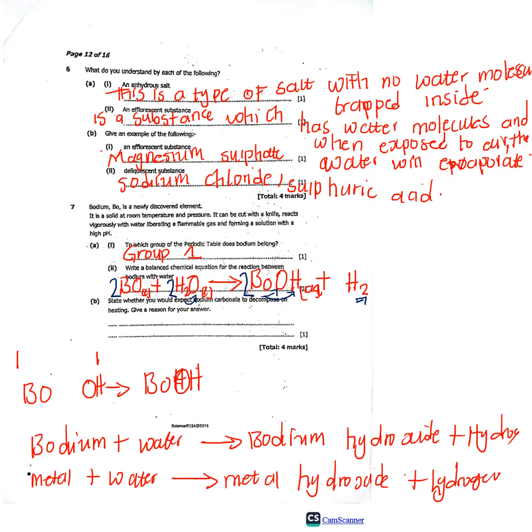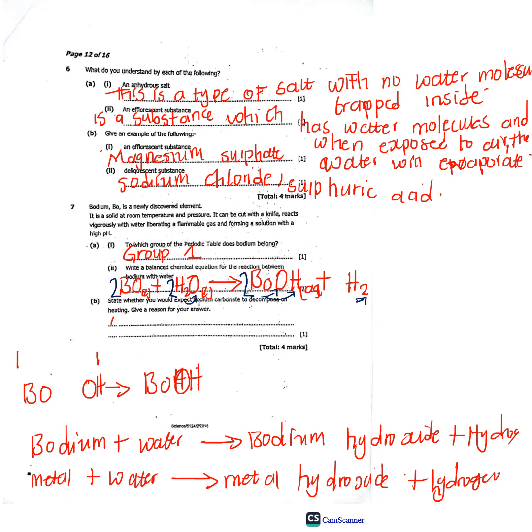Now question B, state whether you would expect bodium carbonate to decompose on heating. Give a reason for your answer. If this were bodium carbonate, when heated, would you expect it to decompose or not? Bodium carbonate cannot decompose on heating. Why? Since bodium is compared to group 1, carbonates of group 1 elements do not decompose when heated because they are considered to be stable.